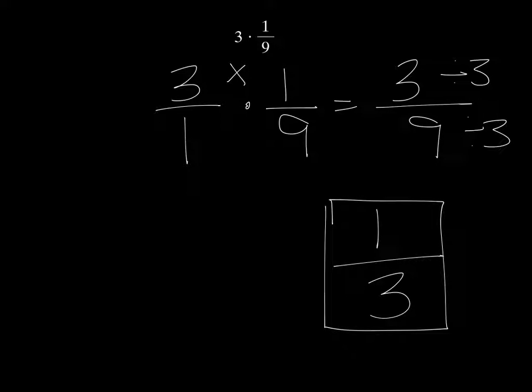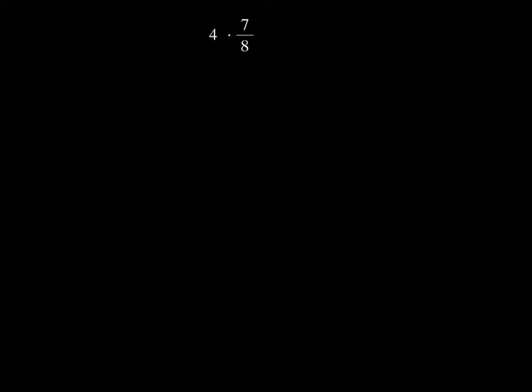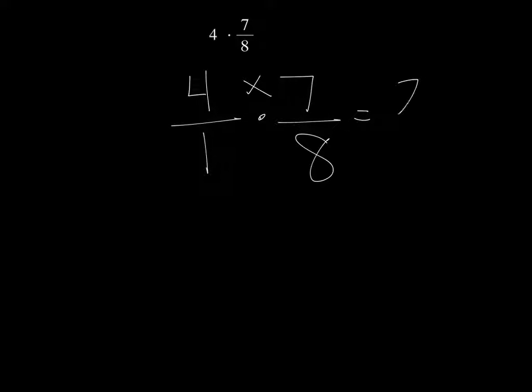So our answer would be 1/3. Okay, let's try another one. 4 times 7/8. So again, I'm just going to put my 4 over 1. Times 7/8. Multiply my numerators, I'd get 28. Multiply my denominators, I'd get 8. 28 over 8. I could reduce. Let's reduce first. Divide by 2.